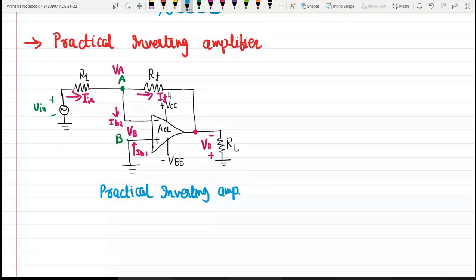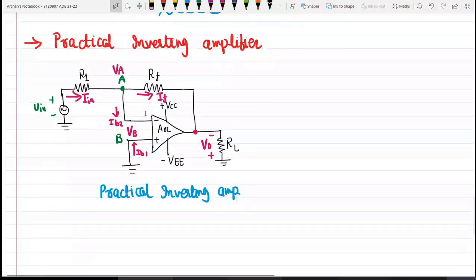Here this resistance RF forms a feedback circuit, and the amplified as well as inverted output voltage is also applied to the inverting terminal through this feedback resistor RF. So the polarity of output voltage which is fed back will be opposite to the polarity of the input voltage, and this is the reason why this feedback is known as negative feedback.